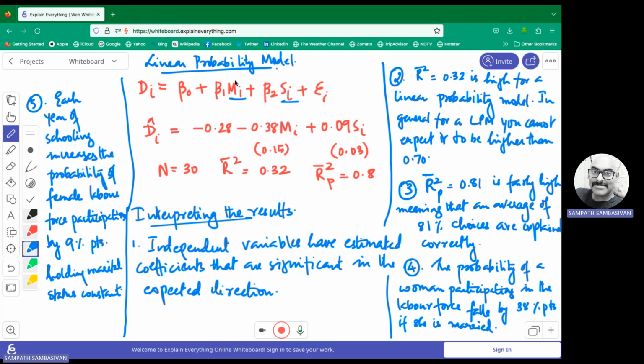See, for example, when you are taking the case of marital status, especially in the Indian context or world over, you can see that after marriage, you have a large number of women not presenting themselves in the labor force. So marital status is likely to have a negative impact. So the hypothesized sign of marital status would be negative.